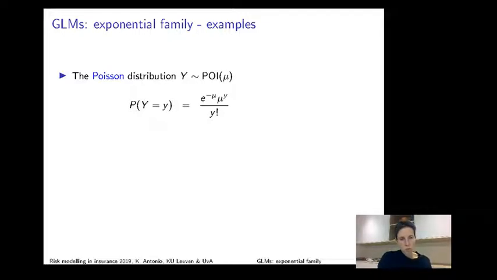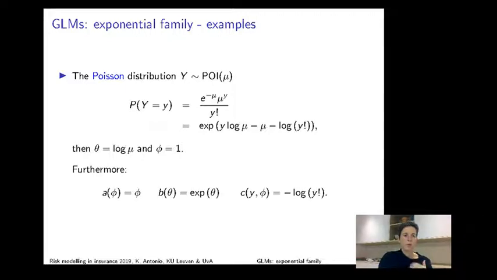You will put all the terms inside the exponential function. You will choose theta equal to log mu, and you will choose phi equal to 1. The choices for the functions a, b, and c, as given on the sheet, then suffice to demonstrate that the Poisson probability function is a member of the exponential family of densities.